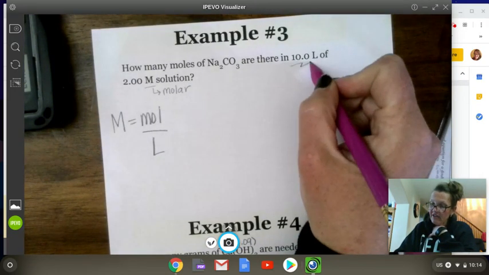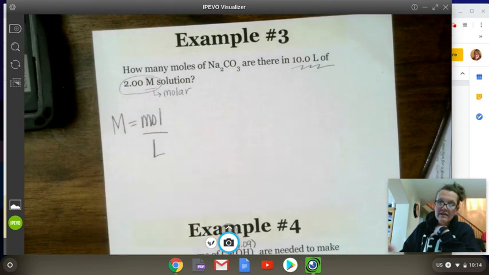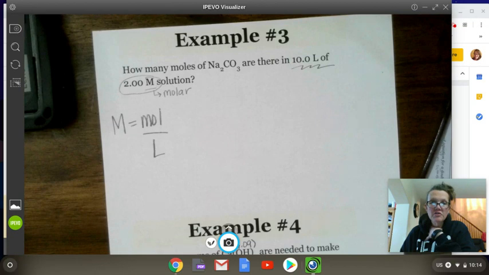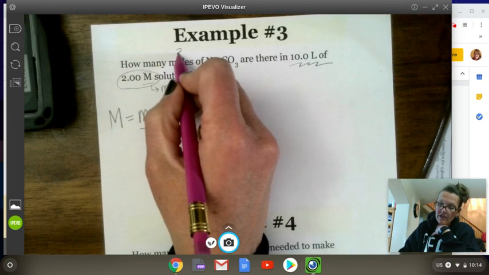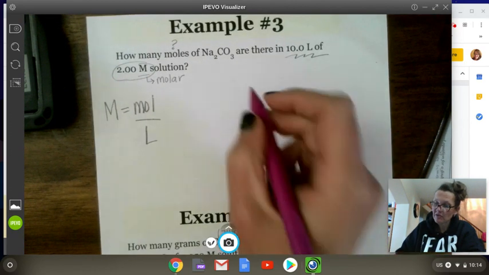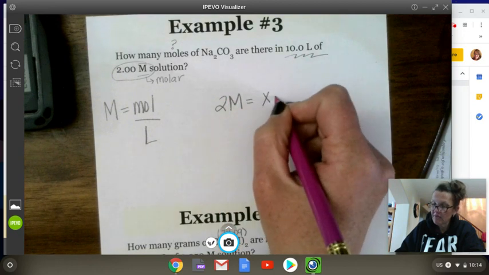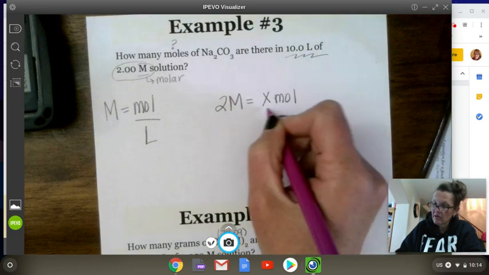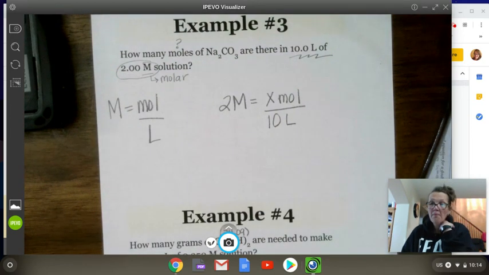We have the liters, right? And we have the molarity. So we can plug those two values in and solve for moles. We're looking for moles, so we just get to do a little bit of a different form of algebra. So it's 2 molar is equal to some number of moles over 10 liters.